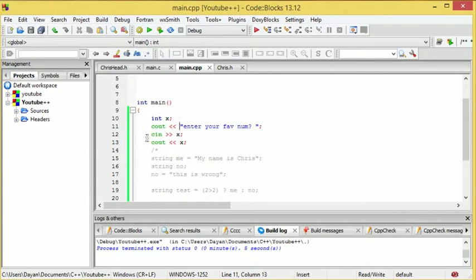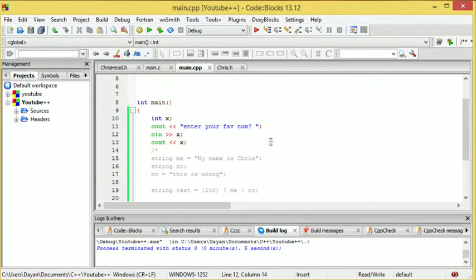In particular, the two less than symbols are known as an insertion operator. Basically, that means it inserts what's on the right side into the left.